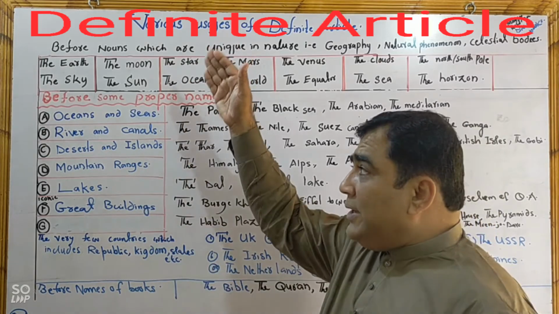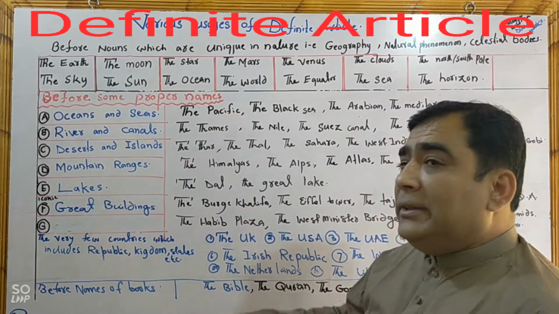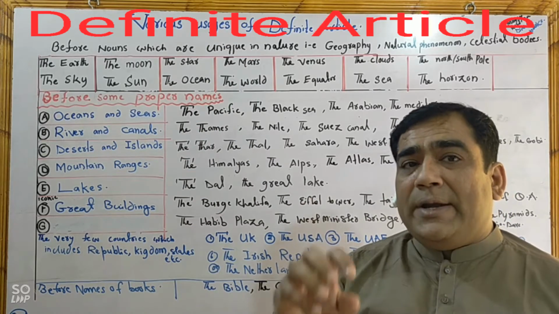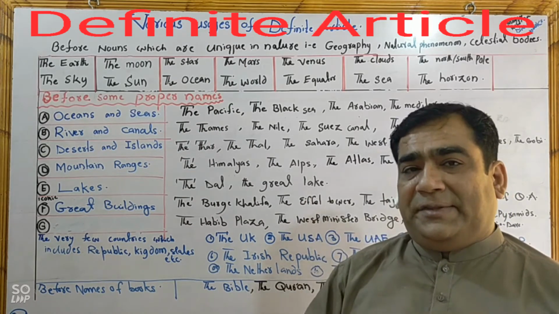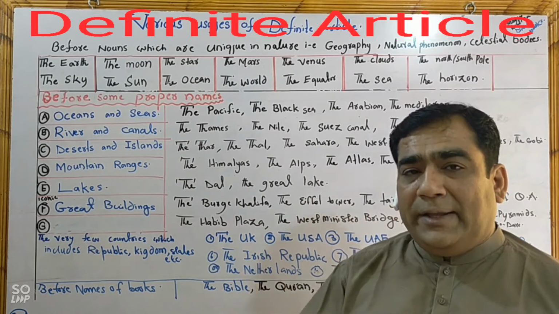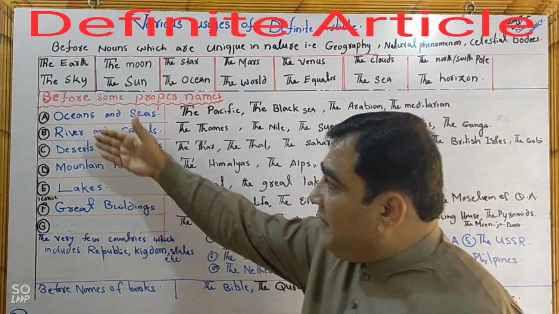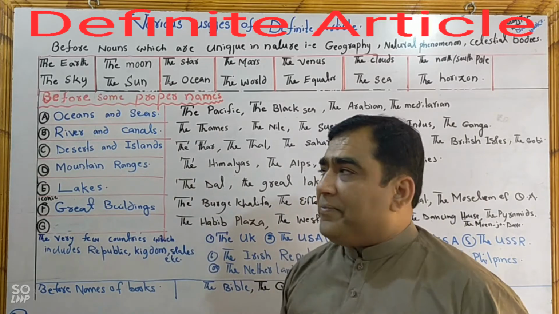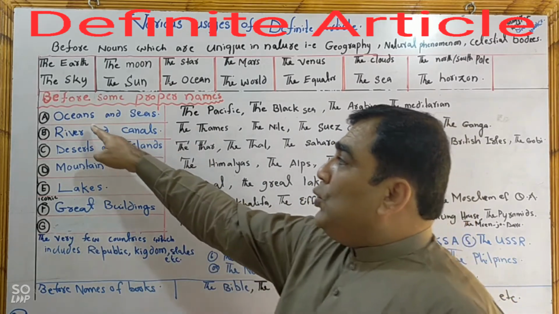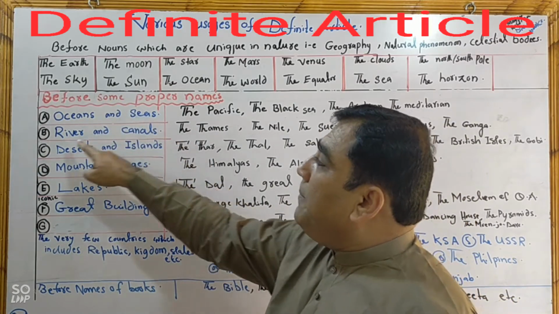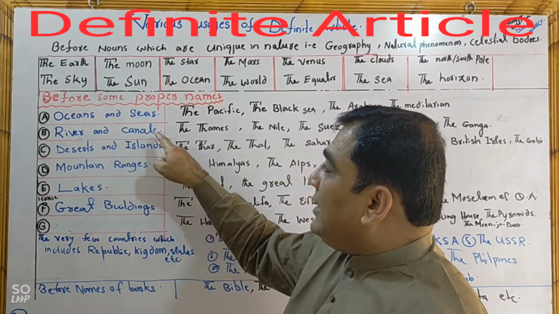But when you narrow down, they have some particular names, such as buildings, or oceans, or canals. Here is a list from A to G. A, oceans and seas. B, rivers and canals.